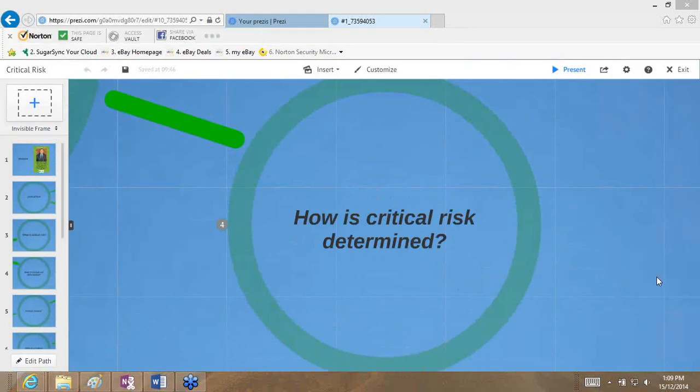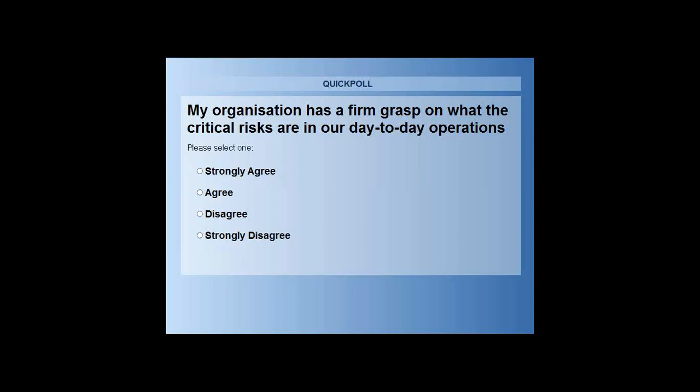Okay, so first off, we have: my organisation has a firm grasp on what critical risks are in our day-to-day operations. The options you've got there are strongly agree, agree, disagree, or strongly disagree. We're just waiting for results to come in there.